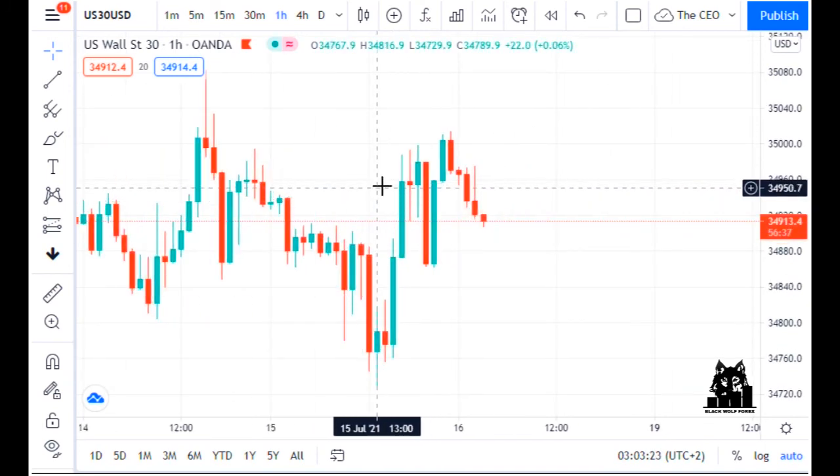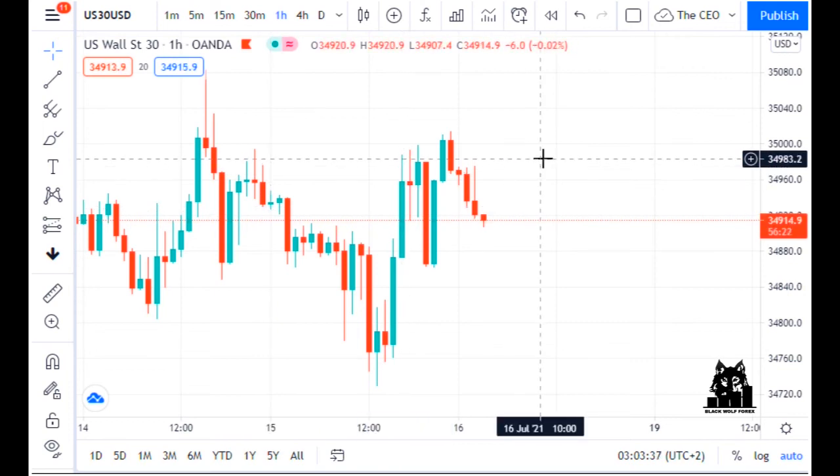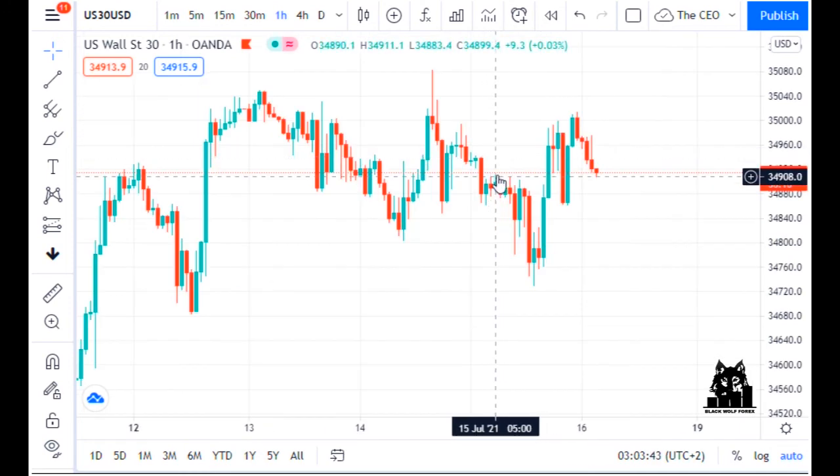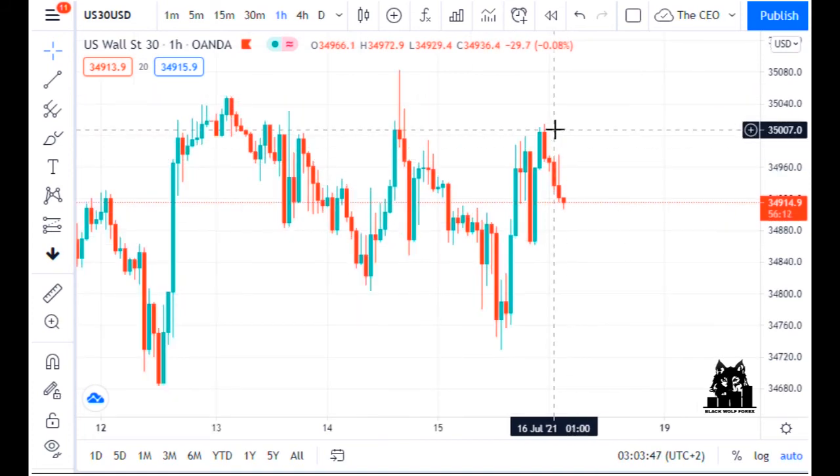Yes, we trade flags as well, but our main focus should be head and shoulders, double tops, double bottoms, triple tops, triple bottoms, because they have those two sides, the left hand side and the right hand side, which is easy for us to spot and easy for us to kill.